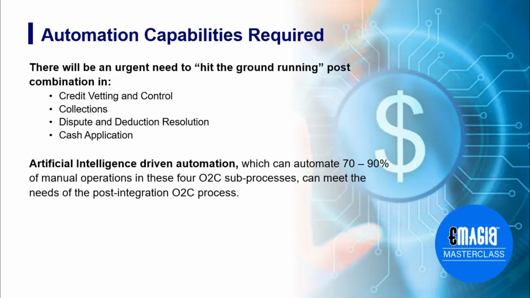Credit vetting. We didn't have time to check them out. Just give them a credit limit. 9 months later, they go bankrupt. Collections, need that cash to come in. Dispute and deduction resolution. If they're not resolved, they build up, and then boom, big write-off.